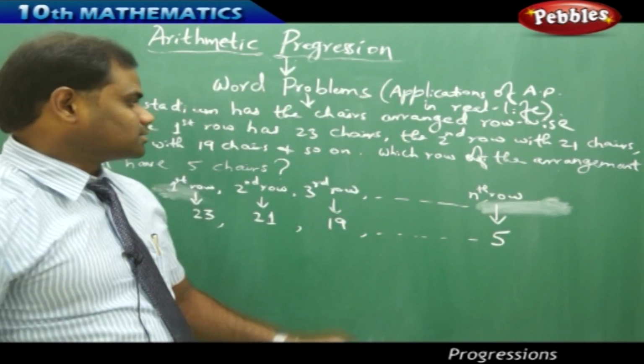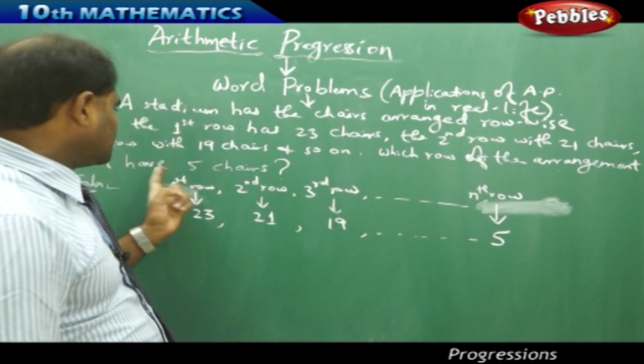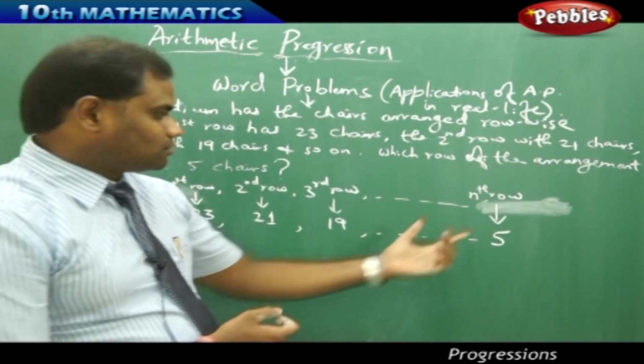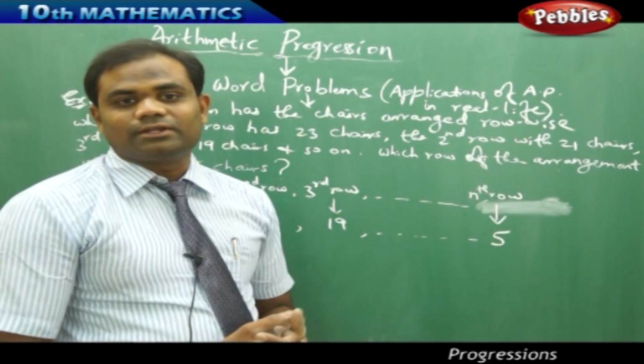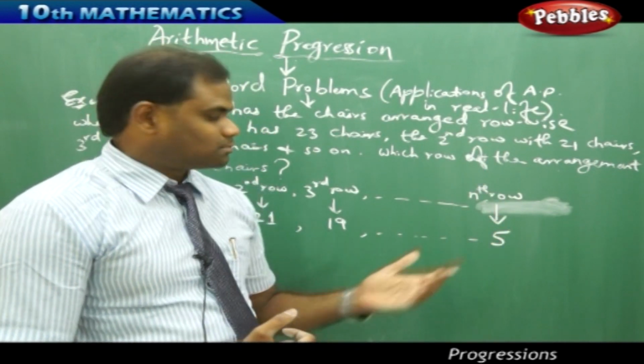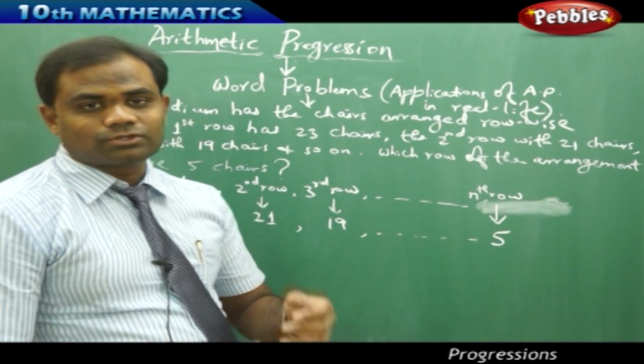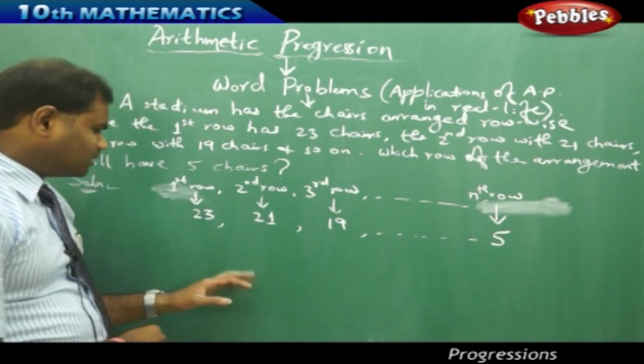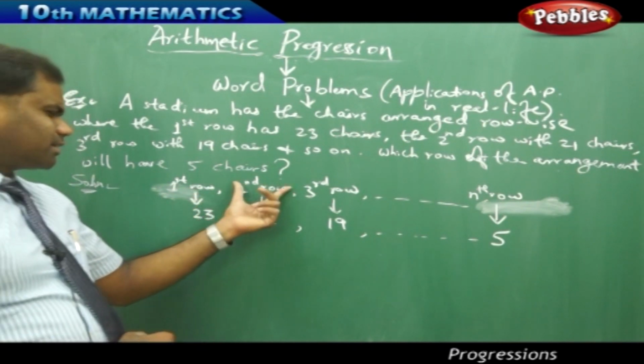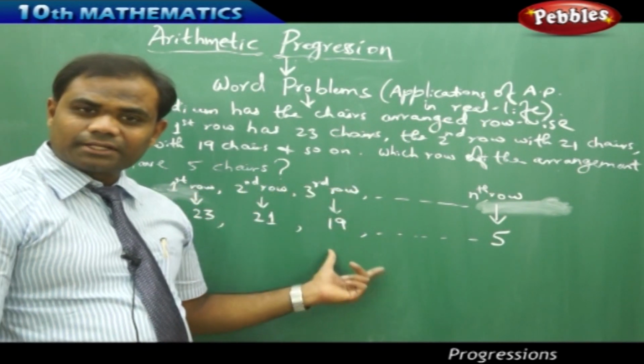So indirectly the question is, which row of the arrangement will have 5 chairs? I assume the nth row has 5 chairs, then I find the value of n. That is how I understand this problem mathematically connected to arithmetic progression. The question is very clear: first row 23 chairs, second row 21 chairs, third row 19 chairs.